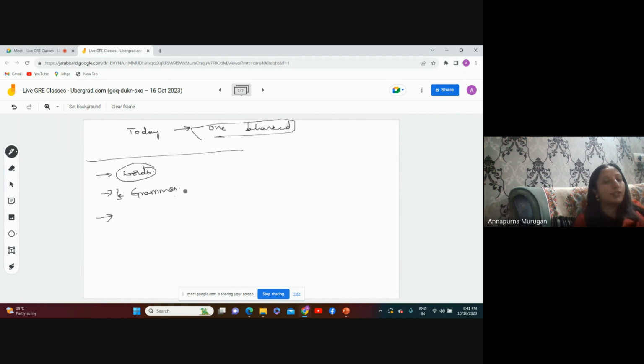You need to understand the sentence framing. Then you need to be aware of synonyms, antonyms, positive words, and negative words in your mind. These are some of the things that we basically have.